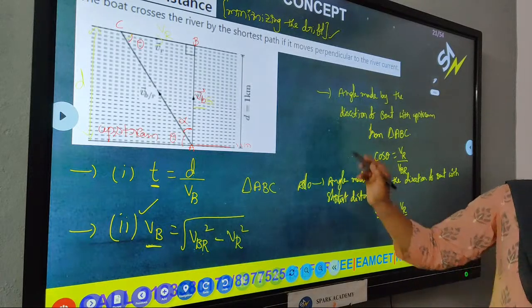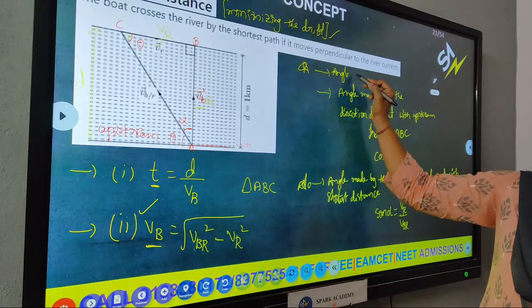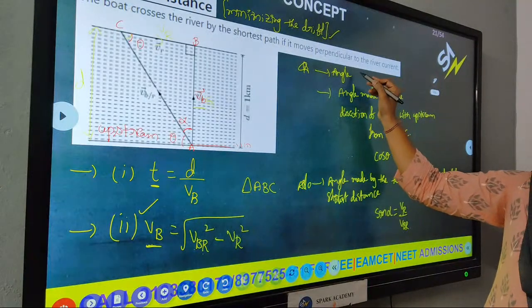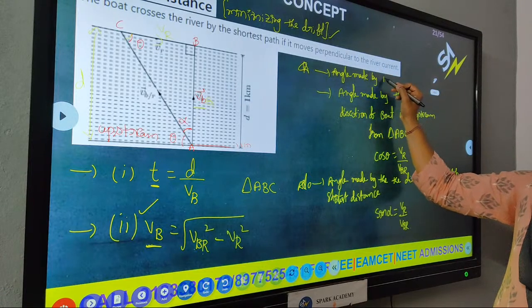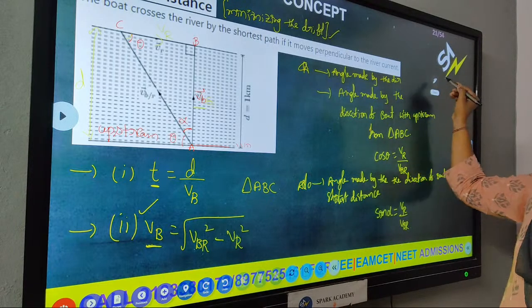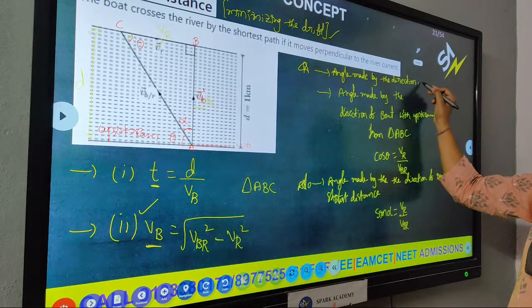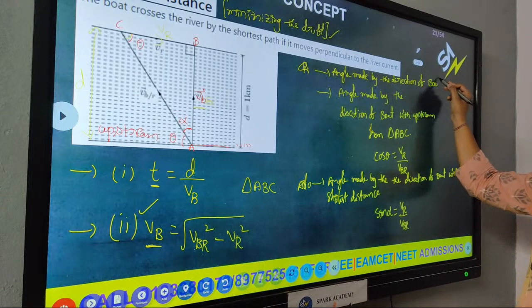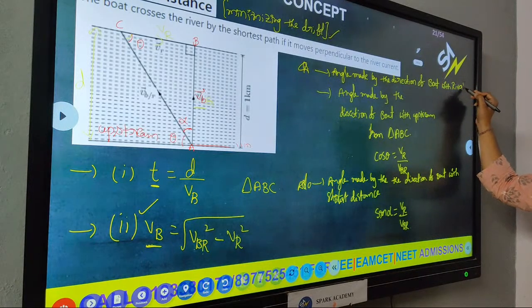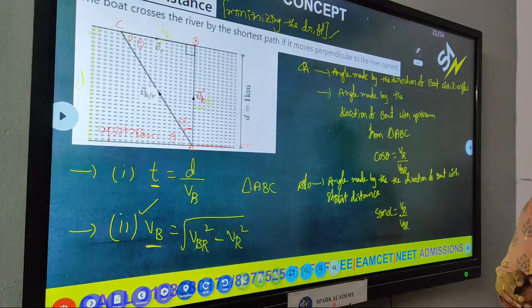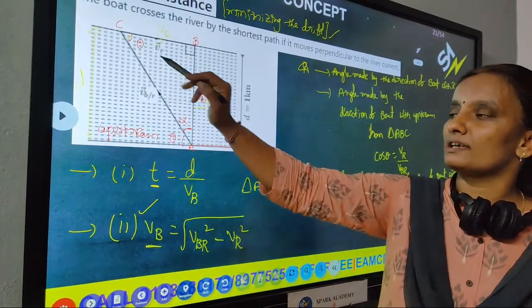And lastly, if they are asking what is the angle made by the direction of boat with the river flow, this is the direction of boat. He is aiming in this direction.